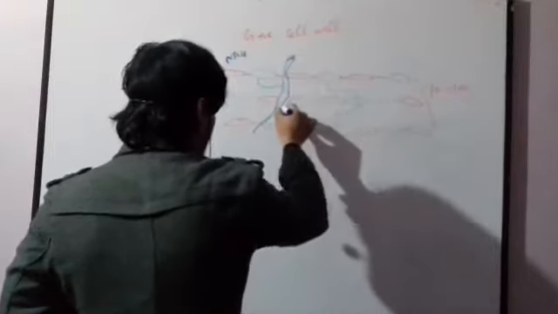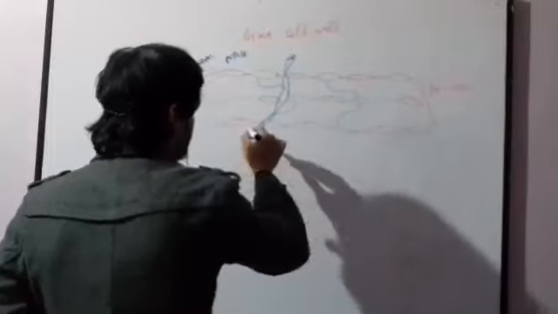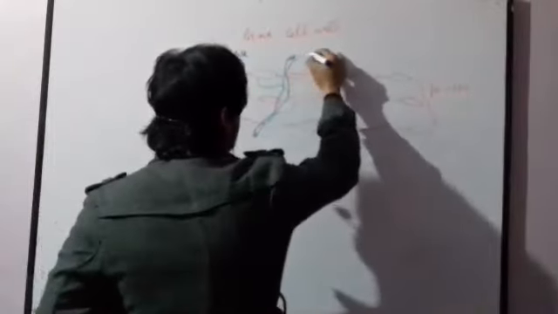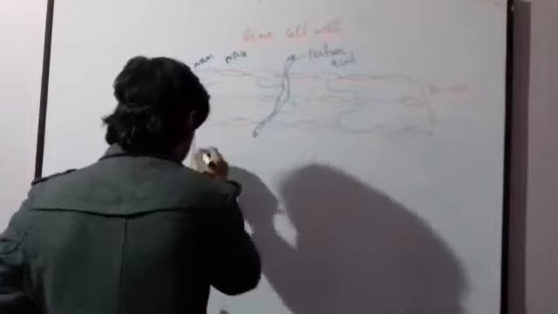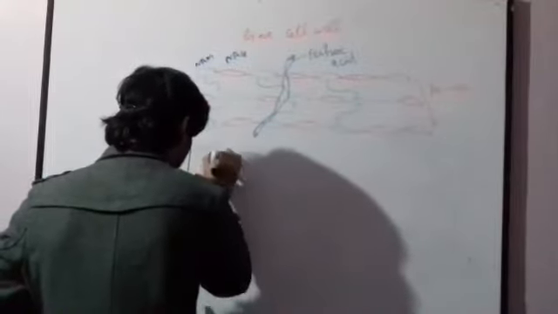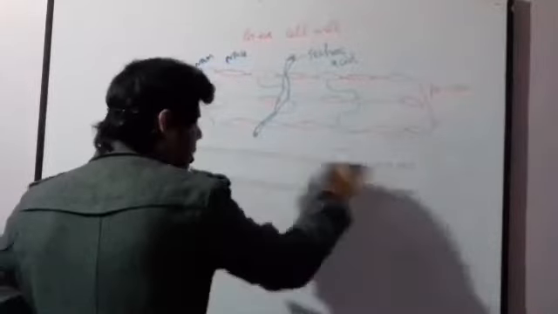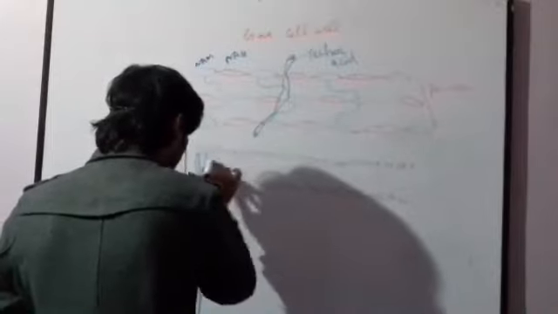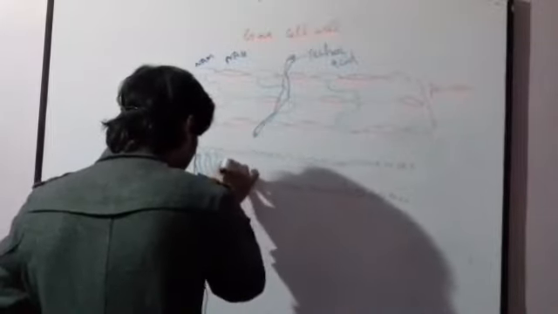This structure is called teichoic acid. After that, we have the cell membrane. This is the lipid layer, this is the hydrophobic layer, and this is the hydrophilic layer.